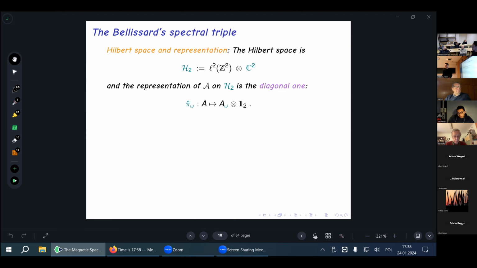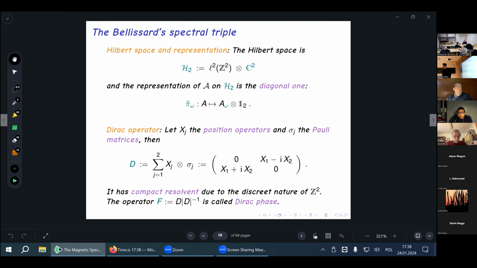I will represent my algebra diagonally on this grading. I take an operator A and take its diagonal representation. I'm fixing omega because omega is my reference point in this big Omega, which is a space of disorder, which allows me to construct this multiplication operator, which gives a spectral triple.